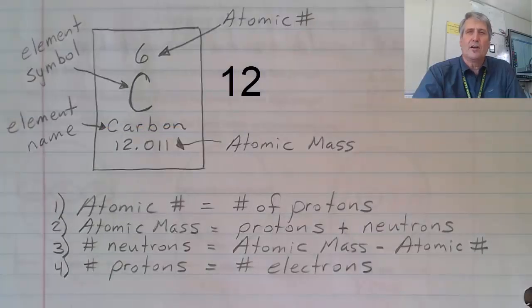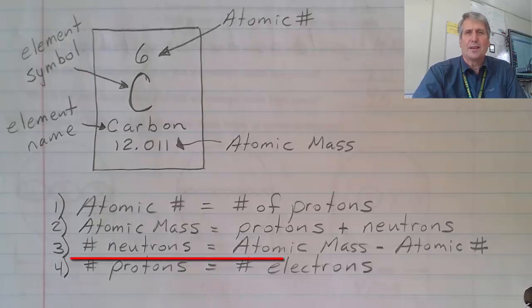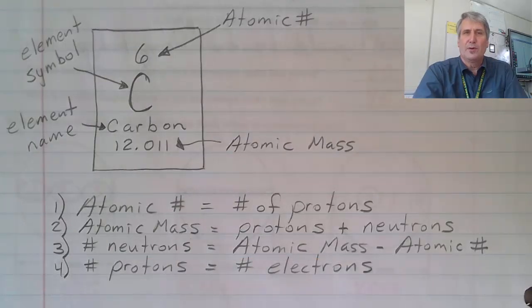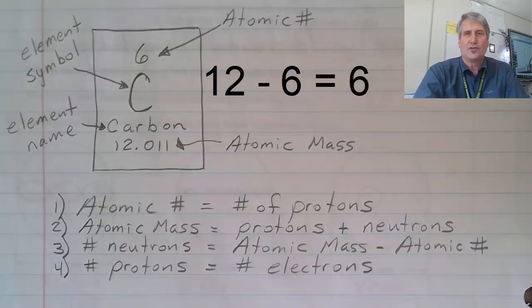After you've rounded off the atomic mass, you can use the mass number to figure out the number of neutrons. You subtract the atomic number from the atomic mass to find the number of neutrons. For example, to find the number of neutrons in a carbon atom, you would subtract the atomic number 6 from the rounded off atomic mass 12, and you would find that a carbon atom has 6 neutrons.